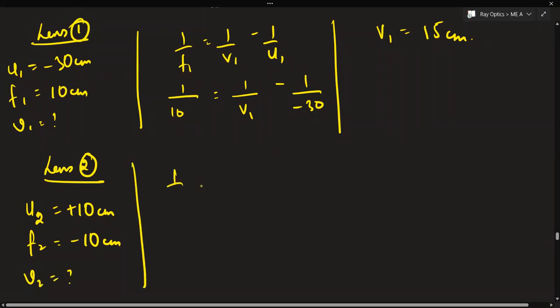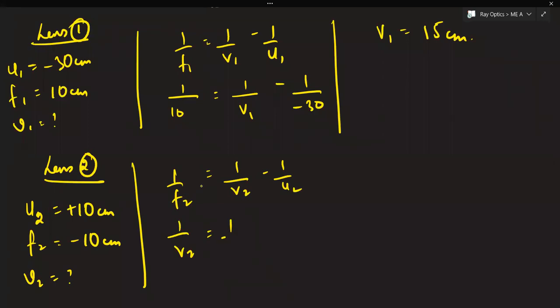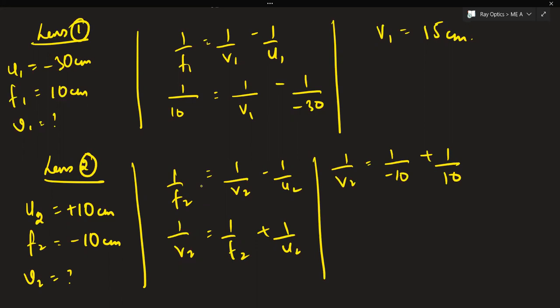So again use 1 by f2 is equal to 1 by v2 minus 1 by u2. So 1 by v2 will be 1 by f2 plus 1 by u2. Here if you keep the values, 1 by v2 will be 1 by minus 10 plus 1 by 10. This becomes 0. So 1 by v2 is 0. It means v2 is formed at infinity.